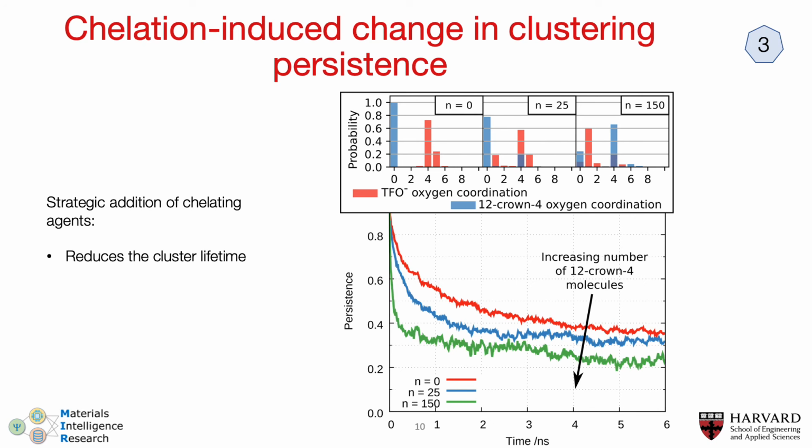And as you can see, going from 0 added chelating agents to 150 added chelating agents, this persistence goes down, indicating that not only the cluster population is more neutral on average, but also the clusters themselves decouple in time more efficiently than without the ionophores.